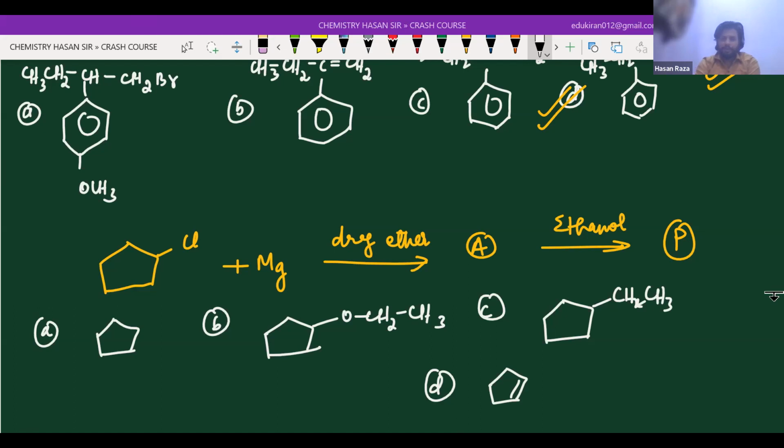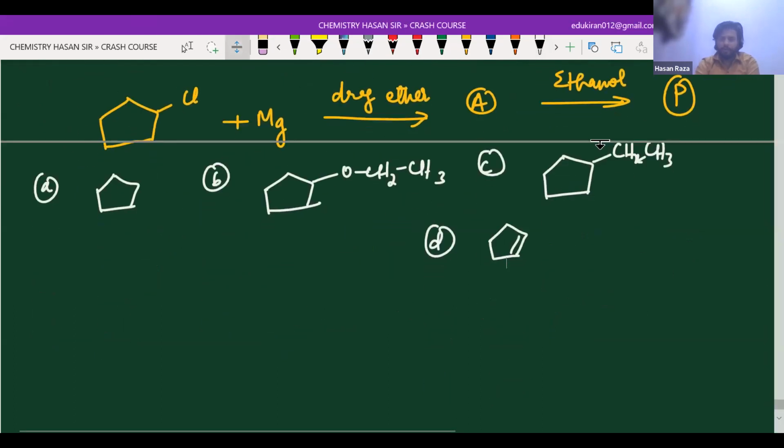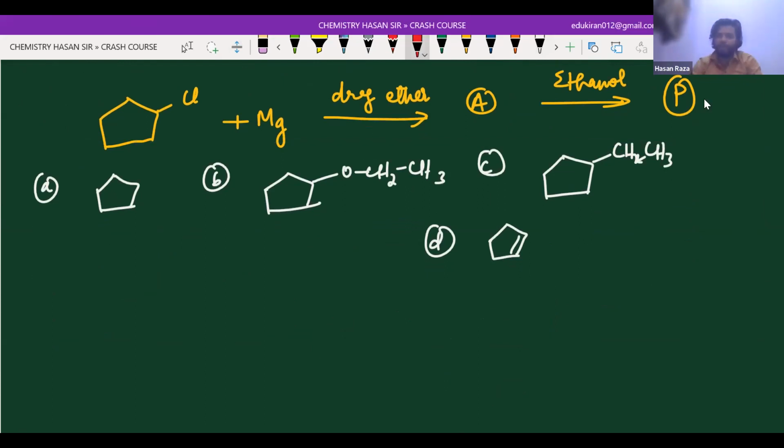Okay, basically MJ here cyclopentane will form because acidic hydrogen is there, so it will neutralize. You have to take care of it first. This is chlorocyclopentane.